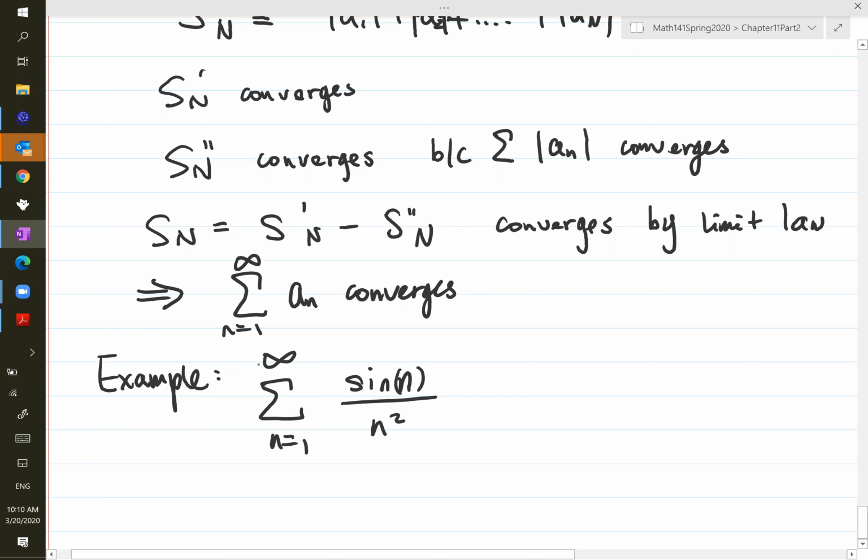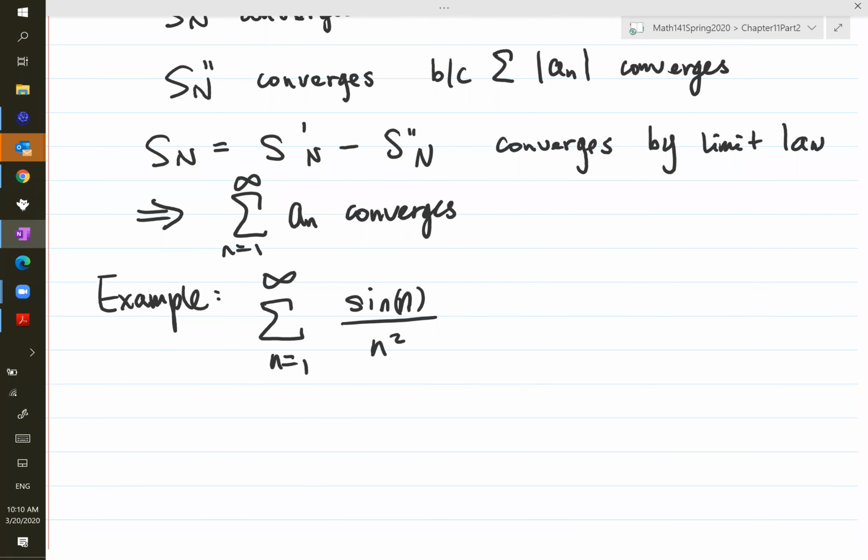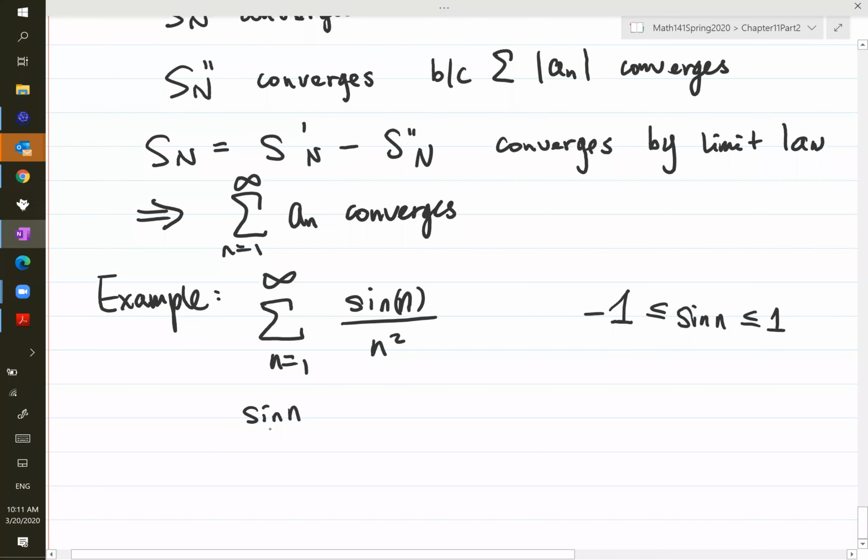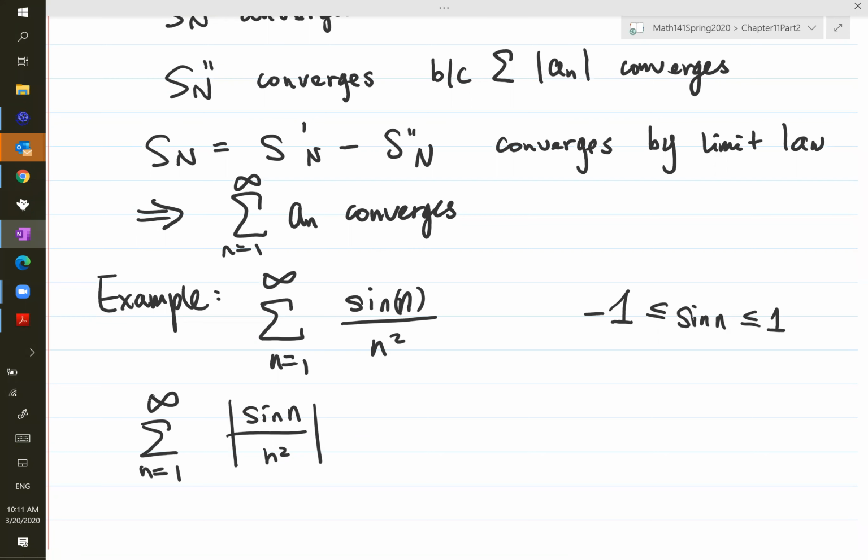Now, this series, remember, sine n is bounded between 1 and -1. The sine n is changing from -1 to 1. We can actually have good control. We can study this series, the sum from n equals 1 to infinity of |sin n / n^2|. If this absolute value series converges, then we know the original series converges absolutely. Okay, we look at this series.